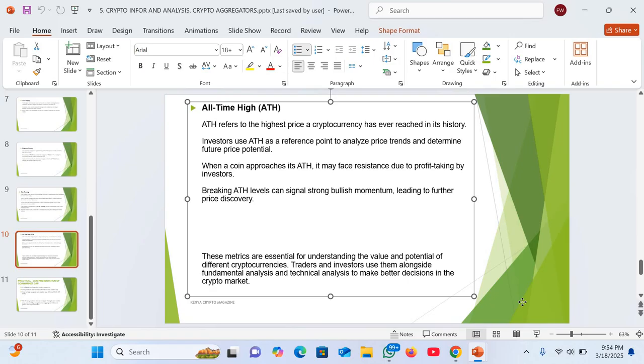When Pepe hit an all-time high, around December thereabout, and entered the price discovery phase, we saw that the price continued to rise, simply because there is usually very strong momentum.